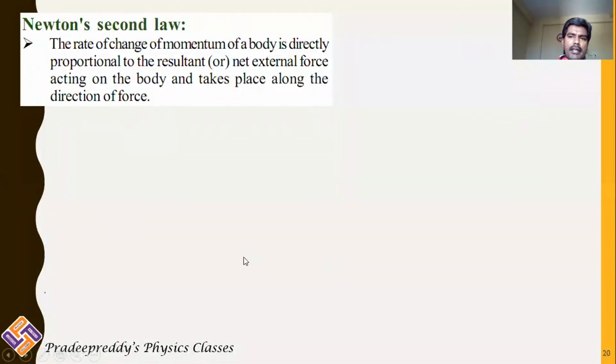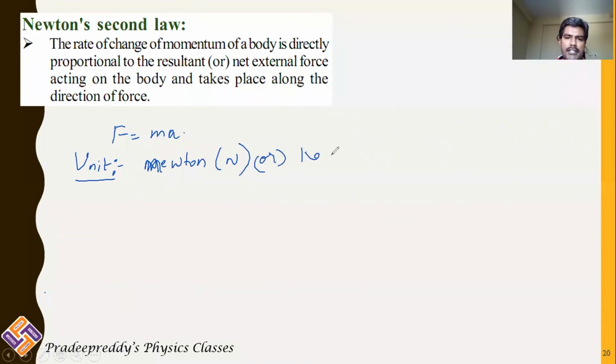Students, one small thing I forgot to tell you. We know that F is equal to MA. The unit of force is Newton. The symbol of Newton is N, or it can be written as kg meter per second square. This is in the SI system.